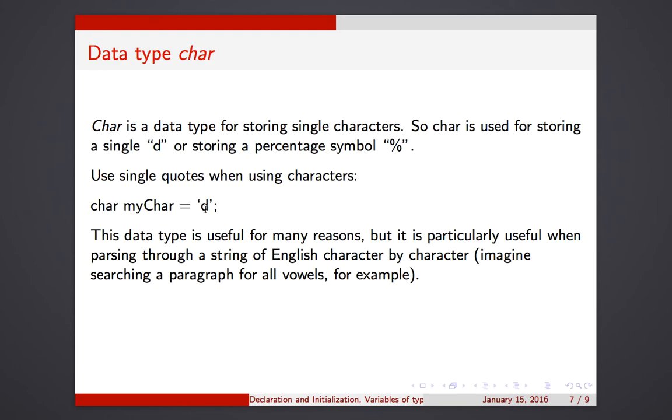This data type is useful for many reasons, and we'll see the uses as we move through the course. It's particularly useful when parsing through a string of English character by character. So imagine going through a sentence and looking for vowels, just for example. Or if you want a more concrete example, imagine writing a hangman program. If you know the rules of hangman, you know that there's a word up there, right?